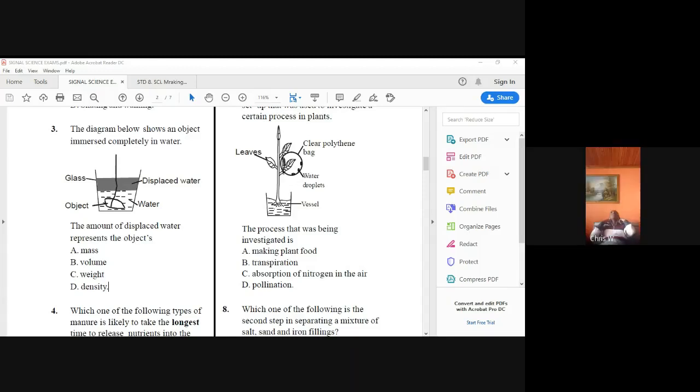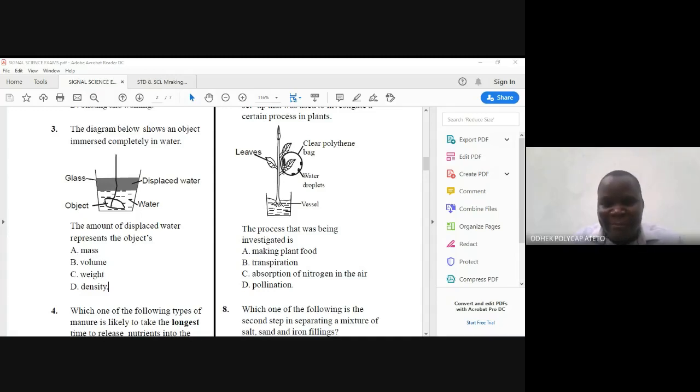So I will pick a spring balance, hold the stone with it, and then measure the weight of the stone. And I will say it is how many newtons? True or false? True.